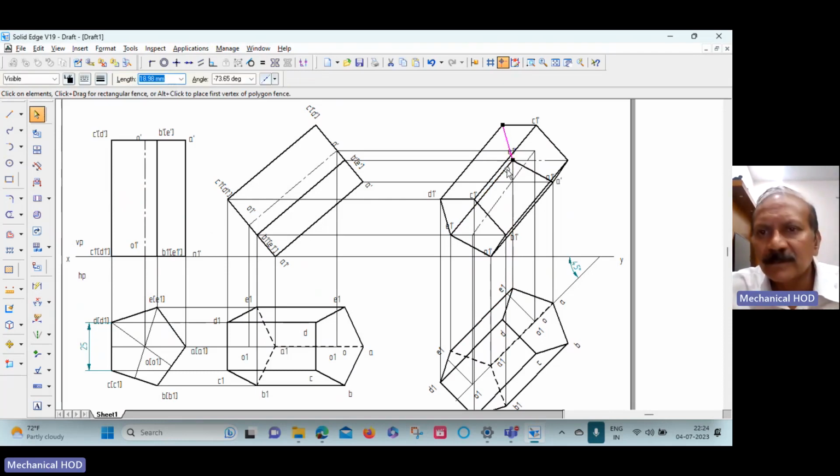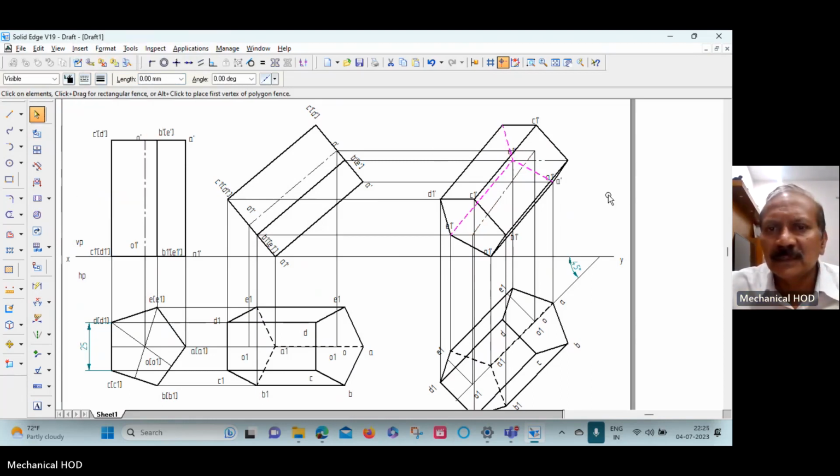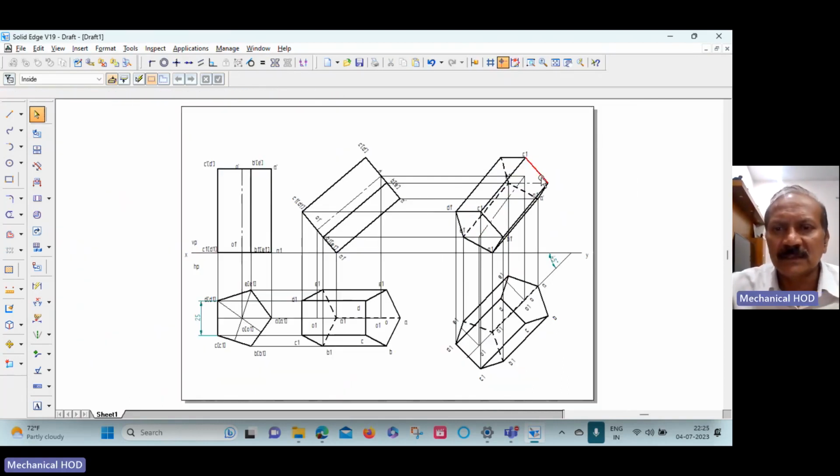There is this one, and this one. Make it dark and a line of dashes. So that's all.